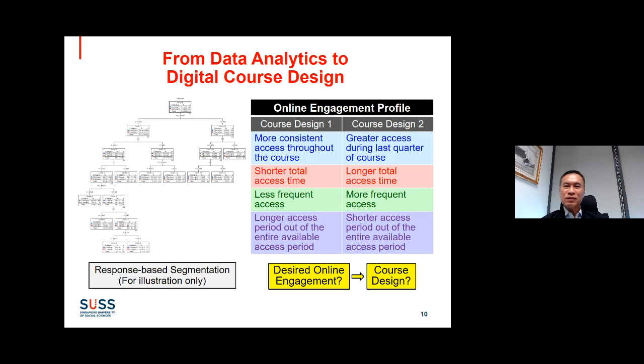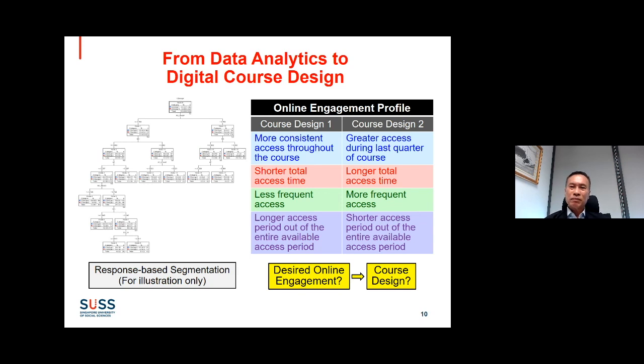So what we have is this: course design 1, course design 2. Now, course design 2 is actually the full online course. Course design 1 is the same course, but presented differently, with more blended components and more physical class components as well. And we found from the data generated from the LMS that the two different course designs have led to two quite different online engagement profiles.